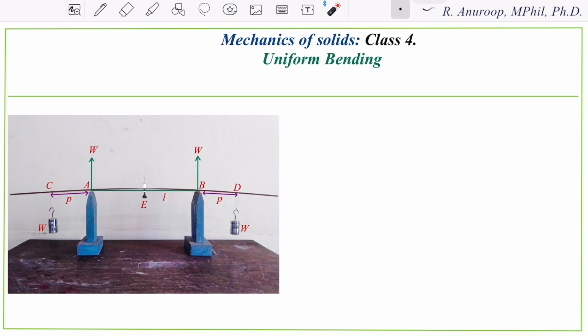Now, there is a reaction at A and a reaction at B. The reaction at A is W and the reaction at B is also W, and they act vertically upwards.